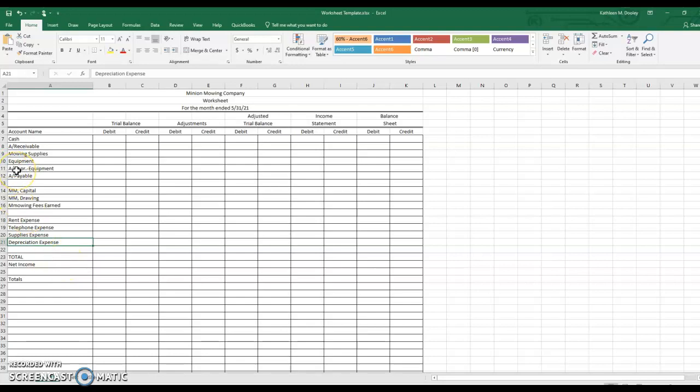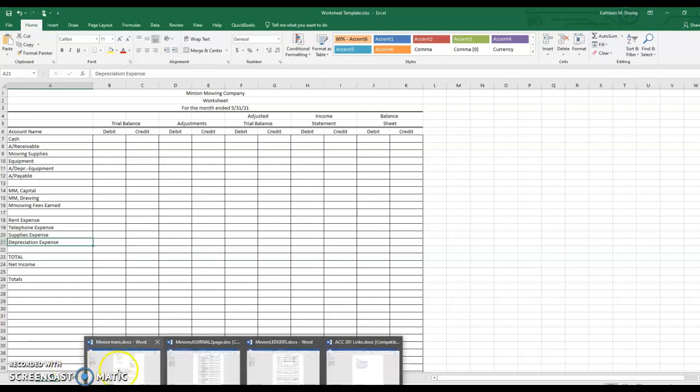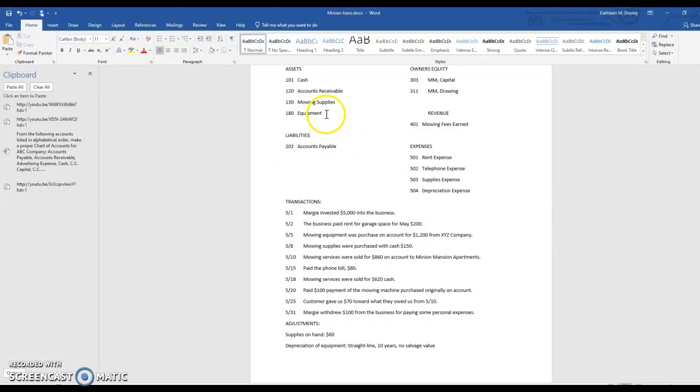I am going to need an accumulated depreciation dash equipment account on my chart of accounts.